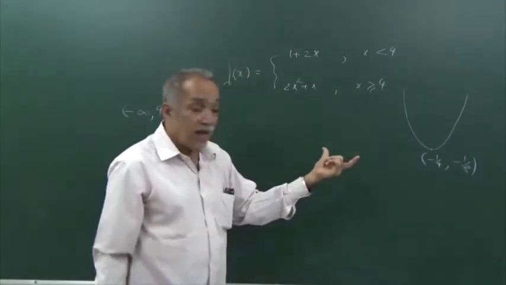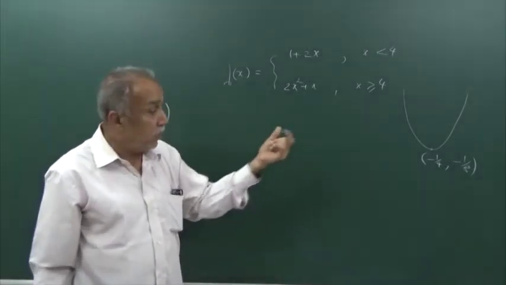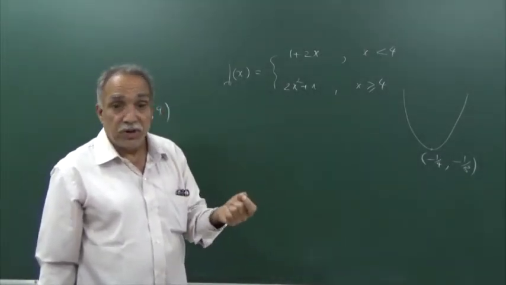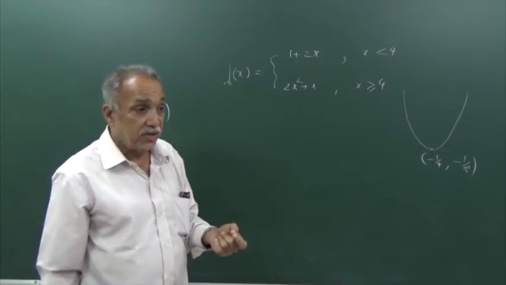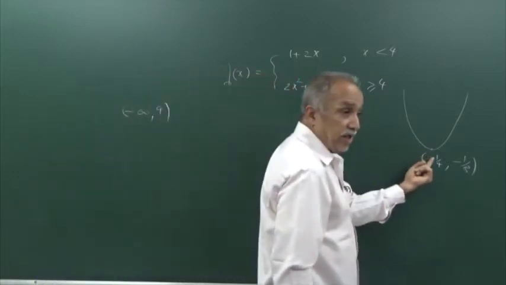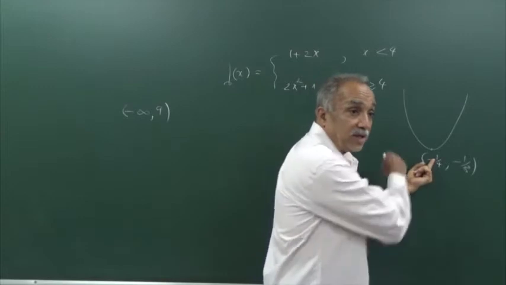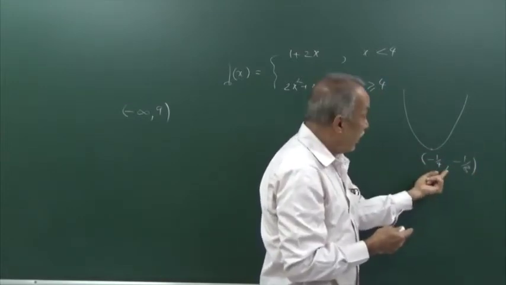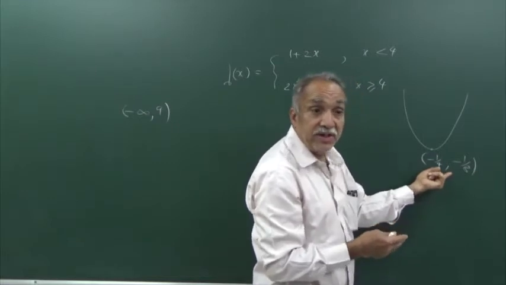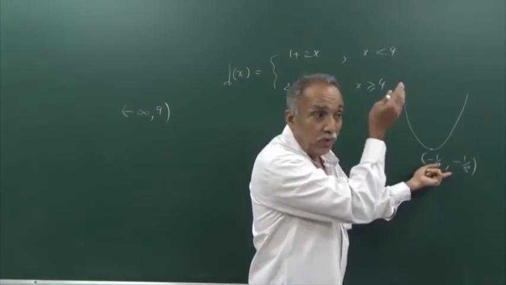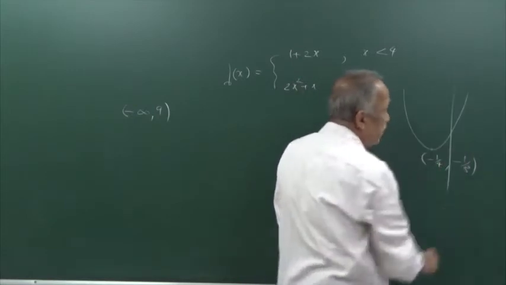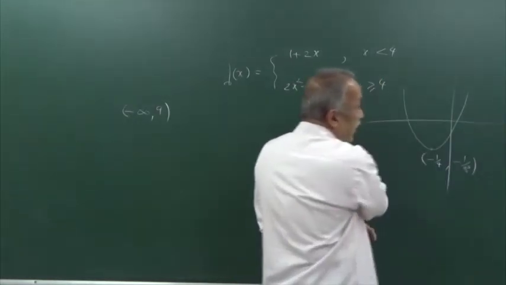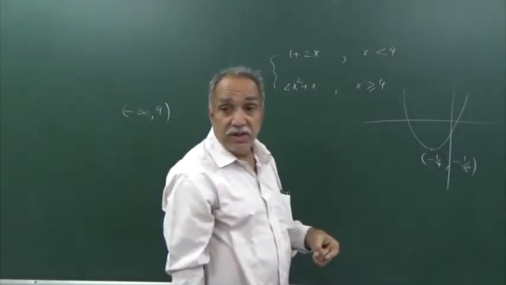Knowing the sizes and the signs of the coordinates, we are now in a position to mark the coordinate axis. The x coordinate is negative, means the y axis is to this side. Agree? Y coordinate is negative, means x axis is above. Somewhere here is the y axis, somewhere here is the x axis.